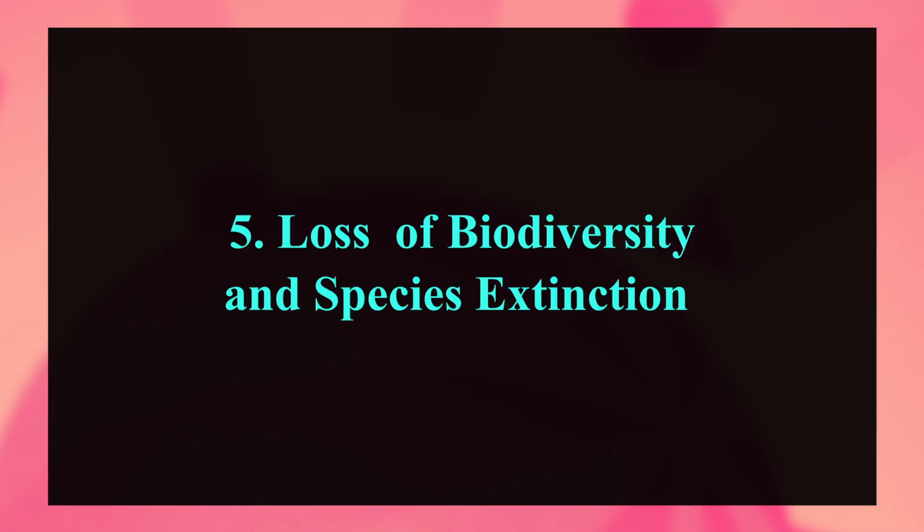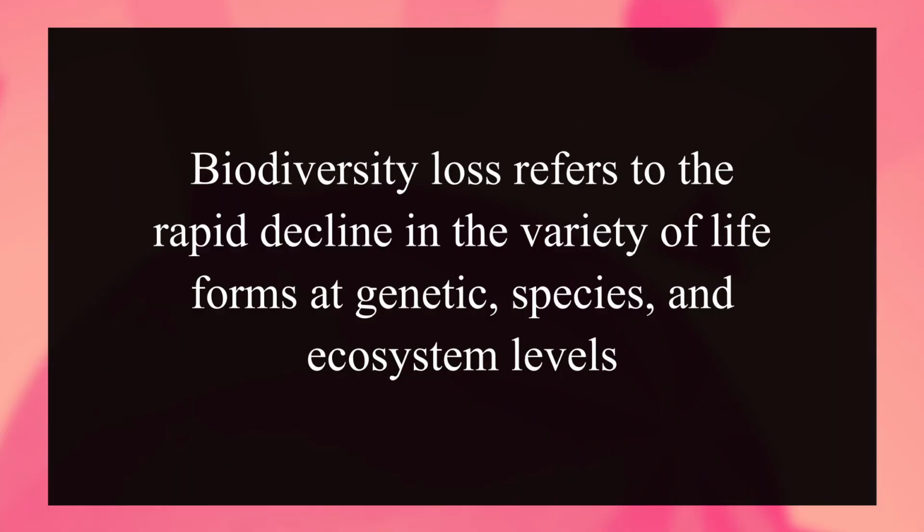Now coming to loss of biodiversity and species extinction. Loss of biodiversity and species extinction is a critical global environmental concern that threatens the balance of life on Earth. Biodiversity loss refers to the rapid decline in the variety of life forms at genetic, species, and ecosystem levels.